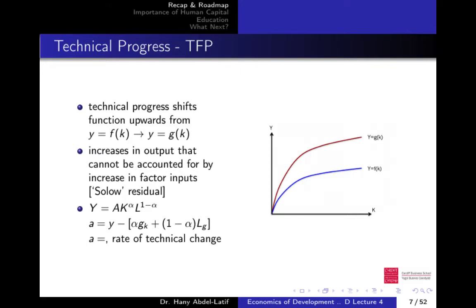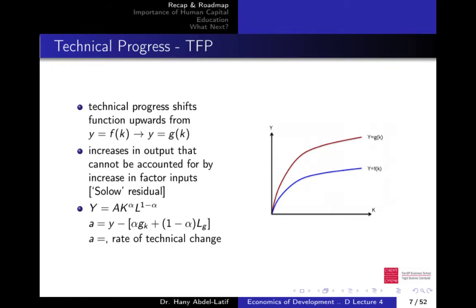This is due to technical progress that increased total factor productivity. We explained that total factor productivity is that residual, that increase in output that is not due to an increase in input. And we used the Cobb-Douglas function to show how we can derive this.